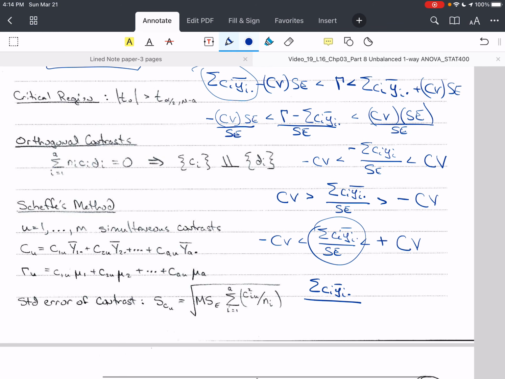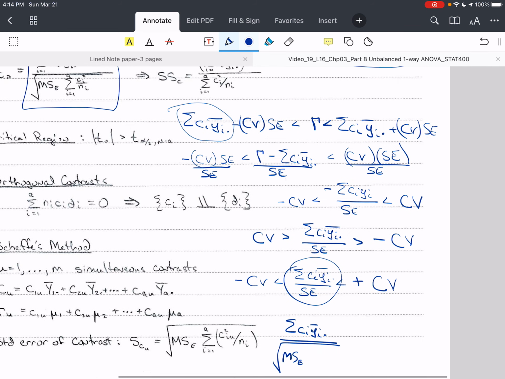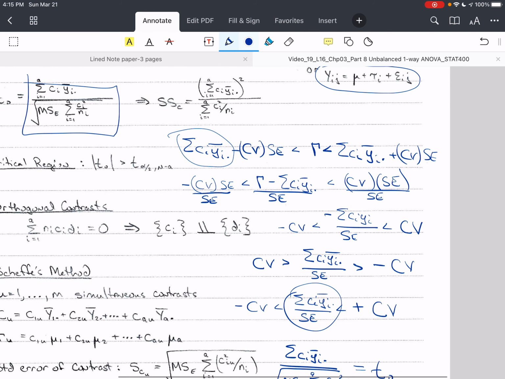So square root of MSE times the sum of ci squared over ni. And so this is our t naught. So what we're left with here, this critical value, this is a negative t alpha over 2 and this is positive t alpha over 2 with n minus a degrees of freedom.